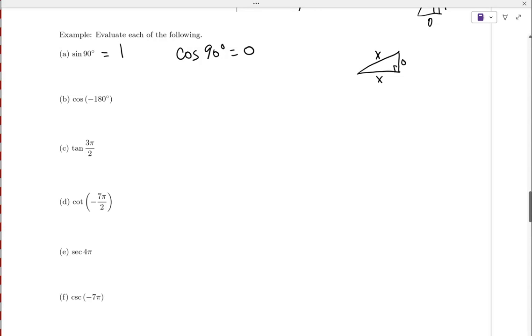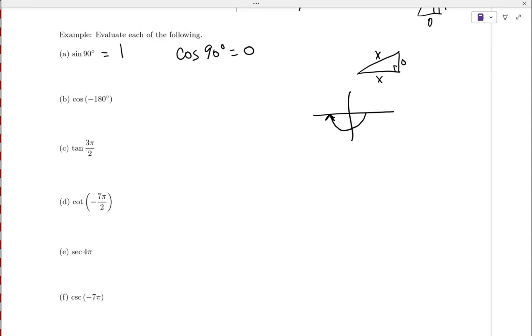Let's look at the cosine of negative 180. Well, negative 180 ends up right there on that horizontal. So our reference triangle has an opposite side equal to 0, doesn't it?